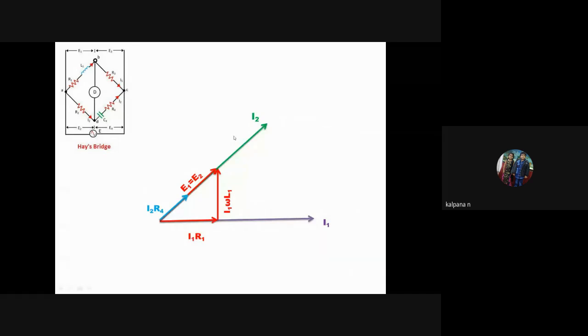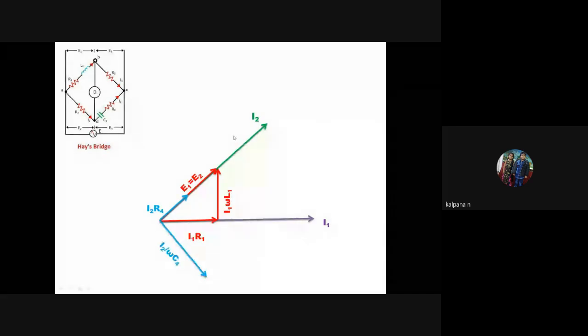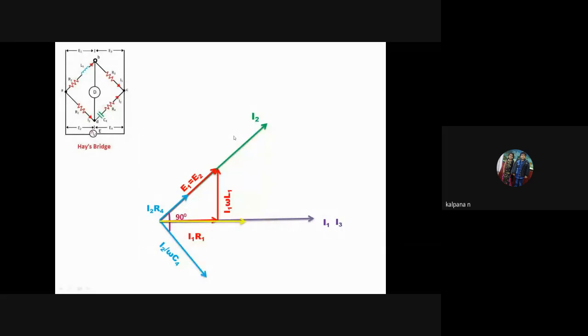Next, another element present in CD is the capacitor. So the voltage drop across the capacitor lags I2 R4 by 90 degrees, so I have drawn I2 by omega C4. Next, the resultant of these two, exactly 90 degrees apart, is E2.